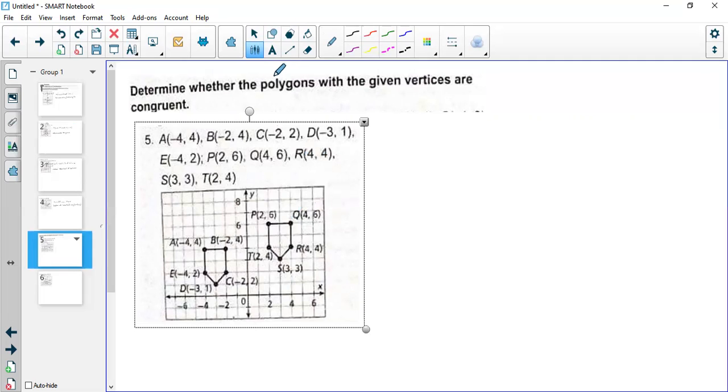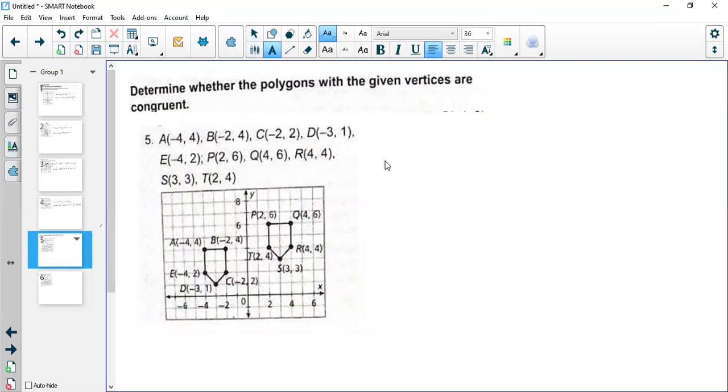So what do you say? You need to say this is a five-sided figure.